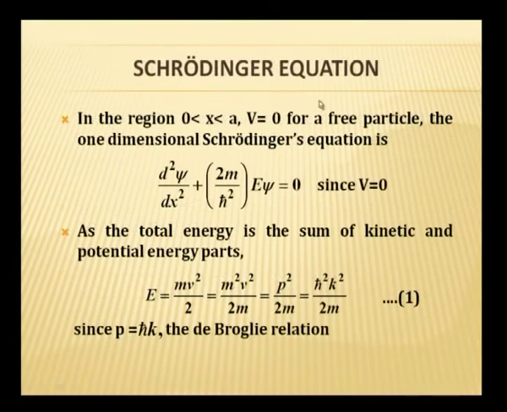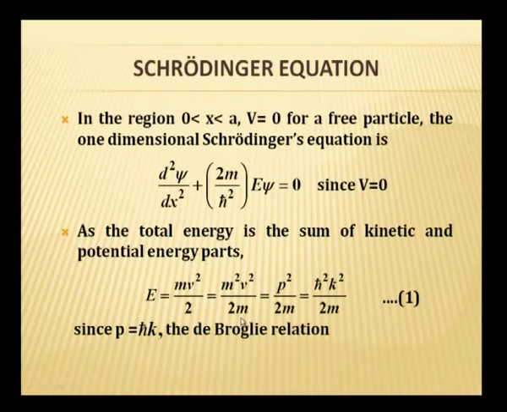By making use of the fact that the value of V is 0 inside the box, the Schrodinger equation gets reduced to an expression of this kind where V is not found. The total energy is the sum of the kinetic and potential energy parts. You have mv square by 2, that is the kinetic energy part. The potential energy part is 0. That is nothing but m square v square by 2m, multiplying and dividing by m.